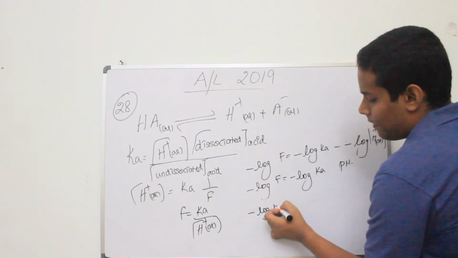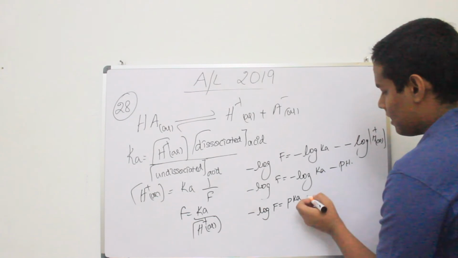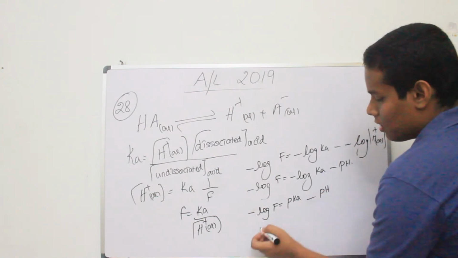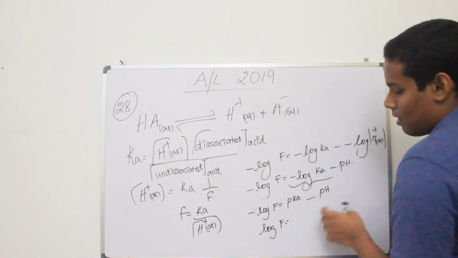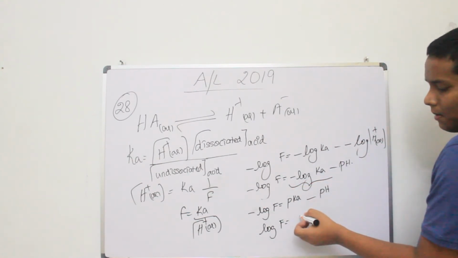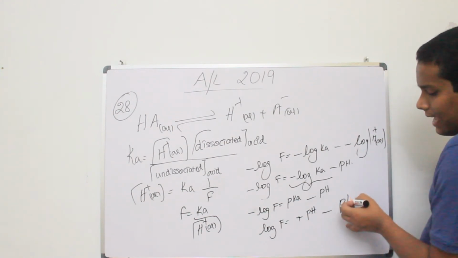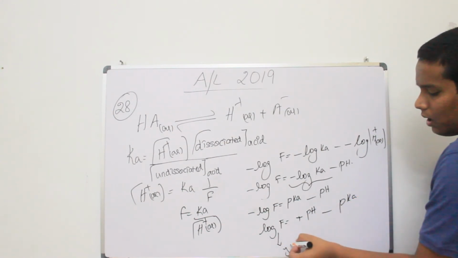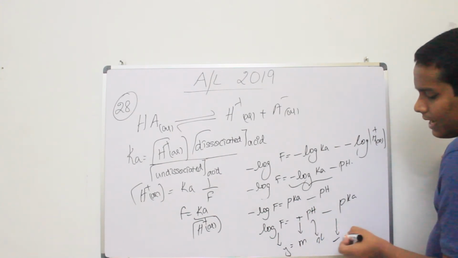Minus log F equal to pKa minus pH. So log F equal to plus pH minus pKa. So y equal to plus 1 will be the gradient, mx minus c graph.